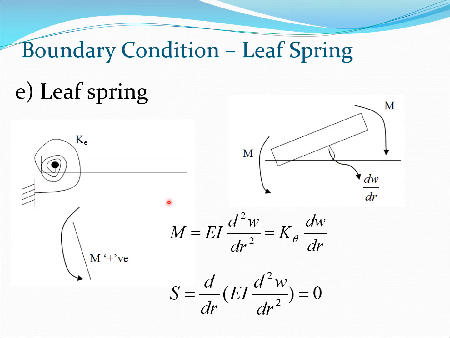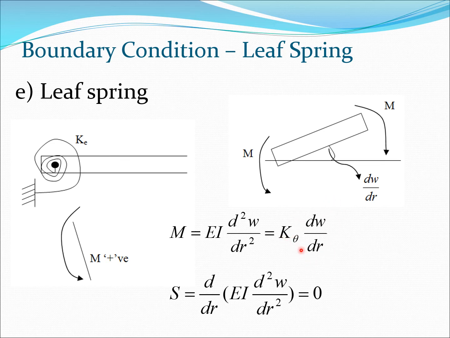The next case is a leaf spring, which is like a bending spring. So we attach this spring here, and the thing this spring does is it creates a moment. So we see the moment is created something like this. It's a positive moment, and therefore our boundary condition becomes M equals K theta dW by dr. So remember, dW by dr is like a slope, so it is like a theta.